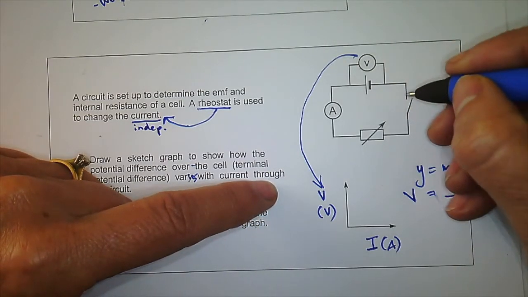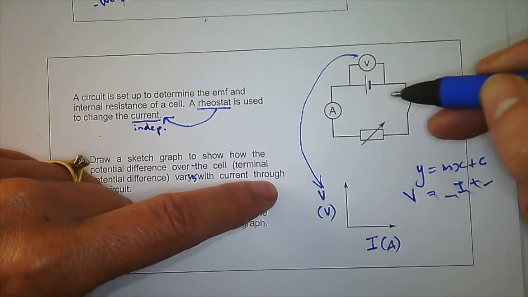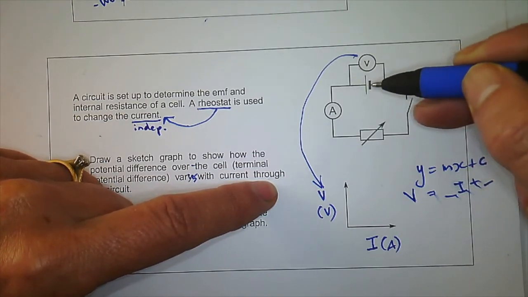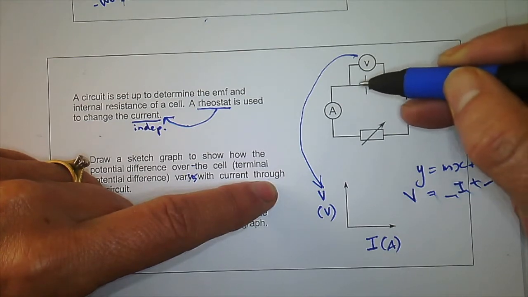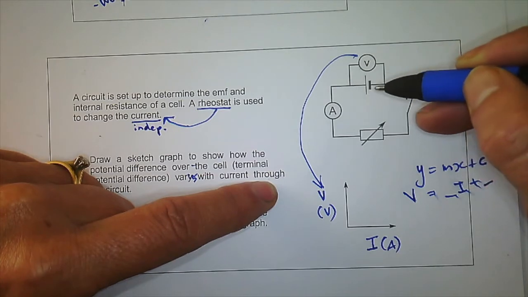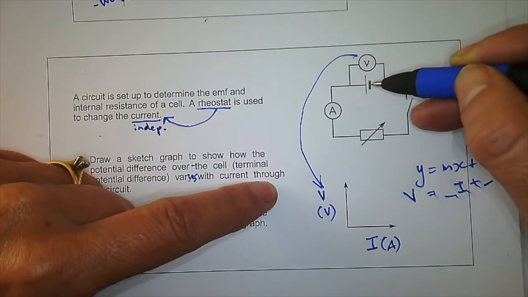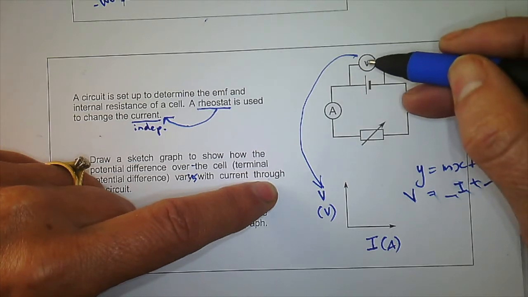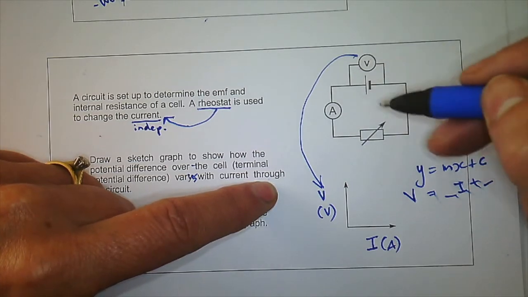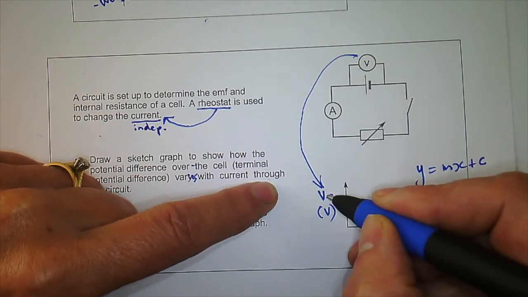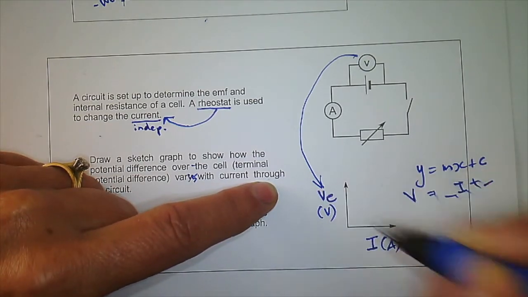But the moment that you close that switch, the movement of the current through the cell will require some energy. So there will be lost potential difference, lost volts, what we also call internal voltage. And what the voltmeter will measure is actually only what is left over for the outside circuit. So it's actually measuring the external circuit's voltage.